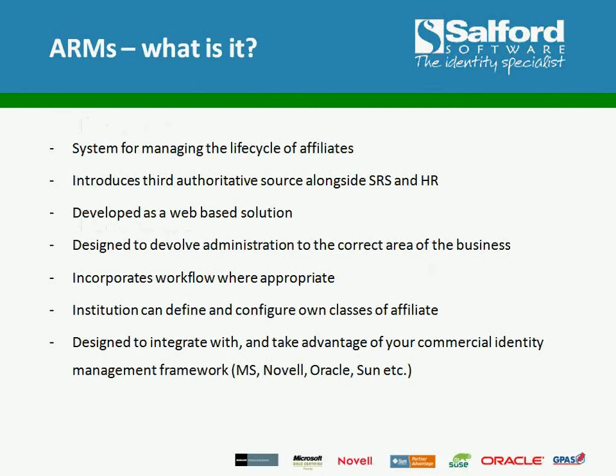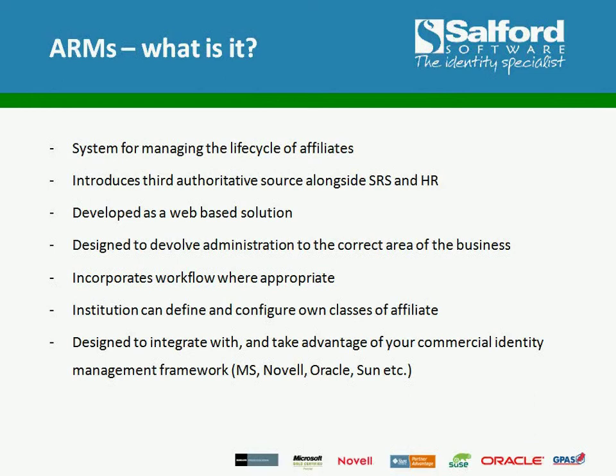So ARMS came about as a way to manage affiliates, so that's within the education context. It's somebody that's affiliated with a college or with a university, and looking at that second point there, it's a system to record identity information about the affiliates that don't sit in student records or don't sit in HR.